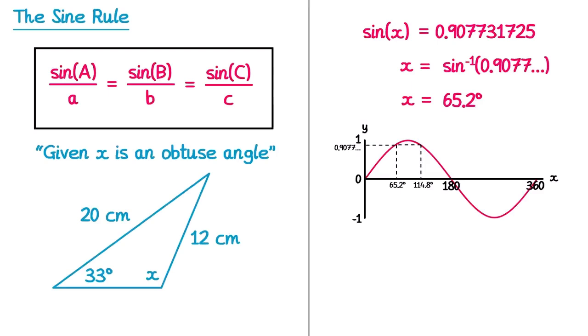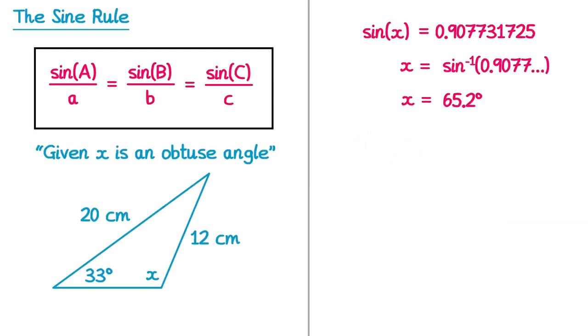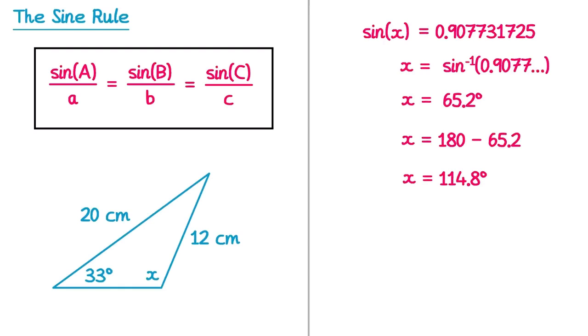So if the question did say, given that x is obtuse, we would finish this question by taking that angle 65.2 away from 180, getting the true answer of 114.8. But it is entirely possible the question could say, given that x is an acute angle, in which case the answer would have been the original one we found of 65.2 degrees.